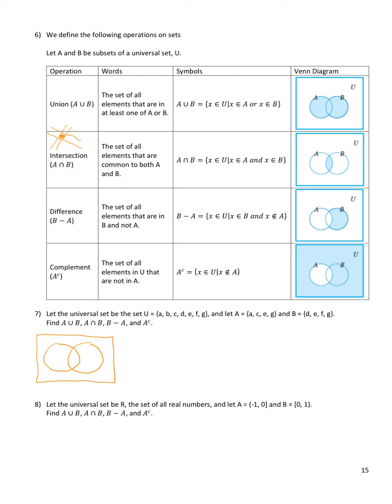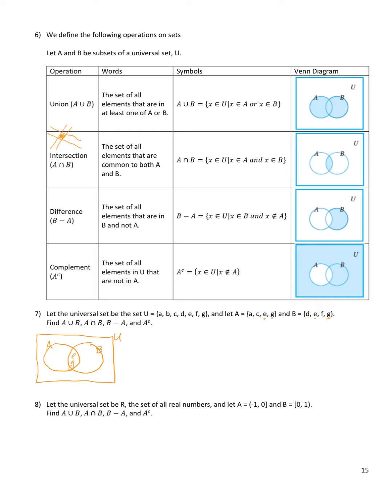Okay. So A has A, C, E, and G, and B has D, E, F, and G. So things that A and B have in common are E and G. So E and G go in the intersection. Let's call this one A and this one B. That's the big universal.